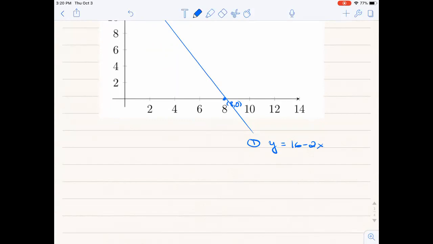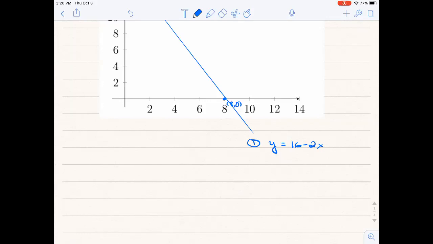Or if you prefer, 2x plus y has to be less than or equal to 16. So the less than or equal to is just saying that from this line, you want everything below it, right? But that's always going to be the case when we talk about the feasible set later. It's just going to be everything kind of below it.